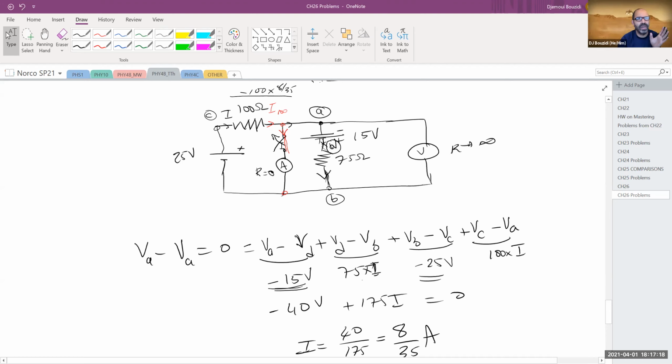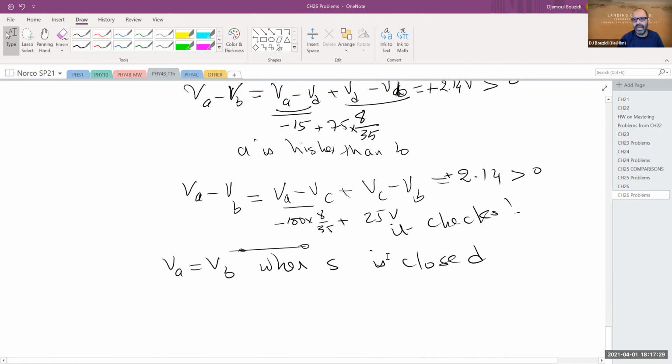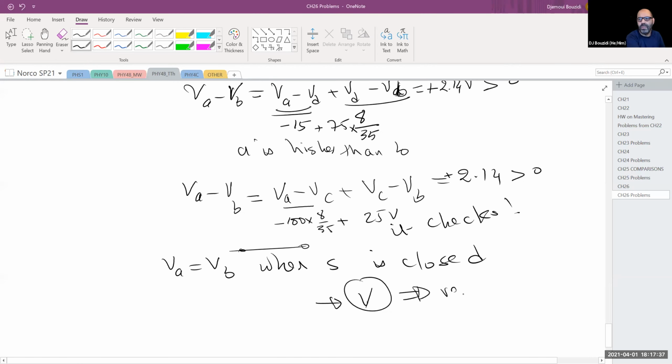No matter what current you have in there, it's 0 voltage. There is 0 resistance in here, so it's 0. No matter which current is flowing through this one, the points A and B become identical. So immediately the reading of the voltmeter will read 0 volts.